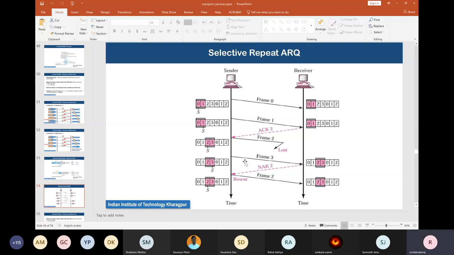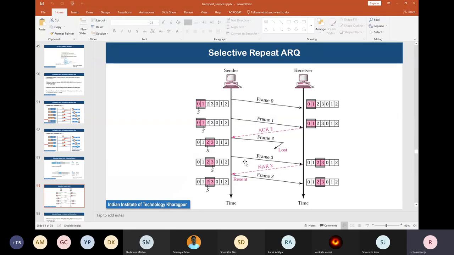This diagram shows the convention that is actually used in TCP. This is also a kind of cumulative acknowledgement, because it says, I have received 0 and 1 and my next expected number is 2, meaning I have received everything perfectly up to 0 and 1.